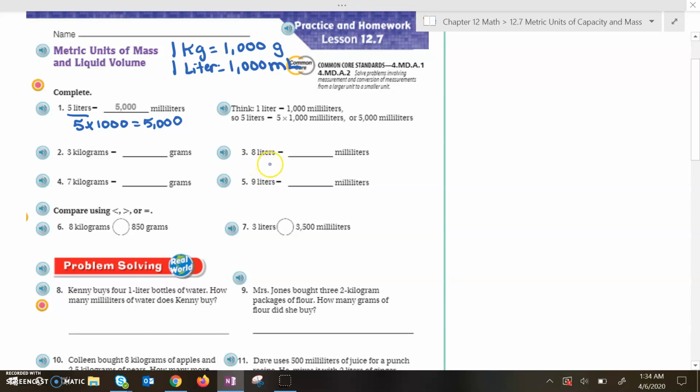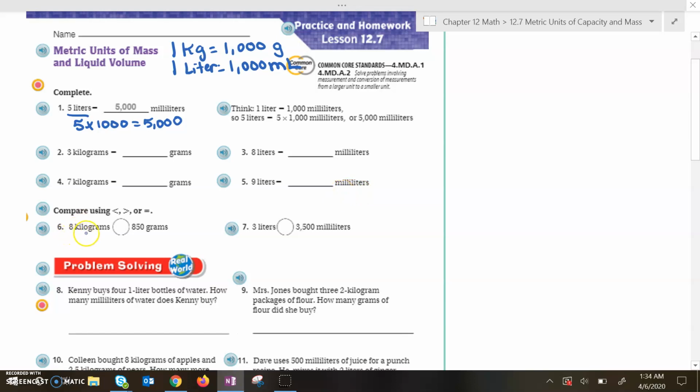Number 3, 8 liters equals blank milliliters. Number 4, 7 kilograms equals blank grams. Number 5, 9 liters equals blank milliliters.